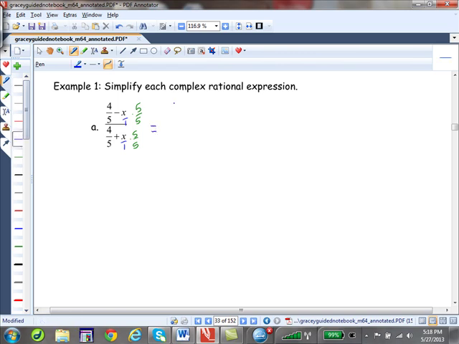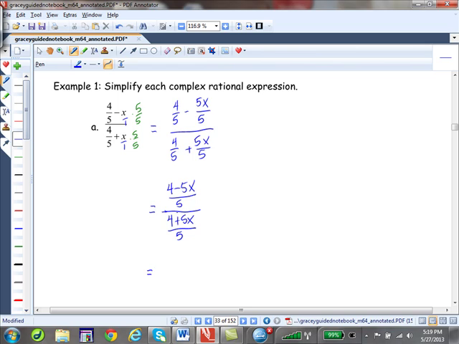So this will be 4/5 minus 5x over 5 over 4/5 plus 5x over 5, which will be 4 minus 5x over 5 divided by 4 plus 5x over 5.